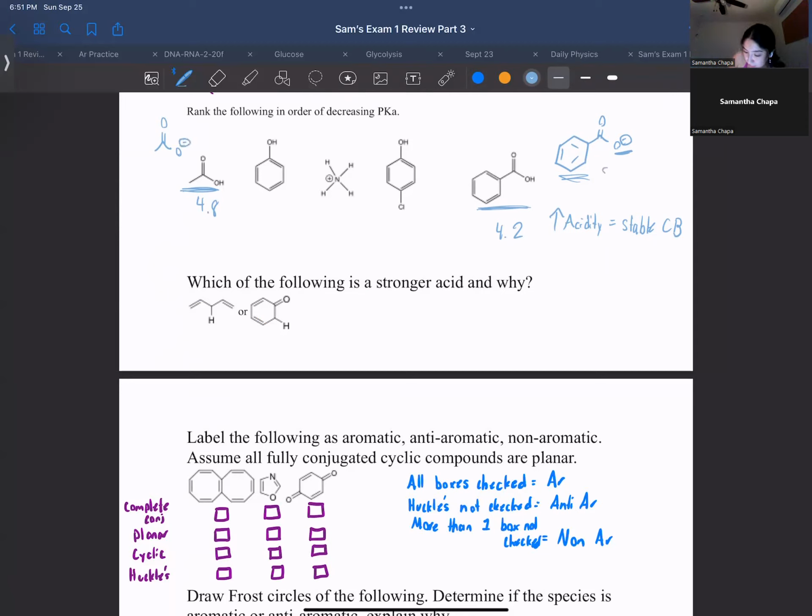So this one is going to be a more stable base, meaning it's going to be more acidic. Something that's more acidic is going to have a lower pKa. So that's why this one is a pKa of 4.2, whereas this one is a pKa of 4.8.